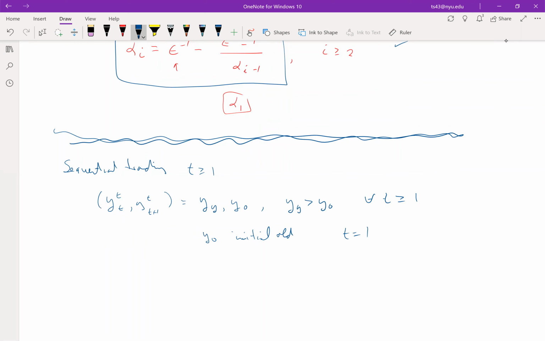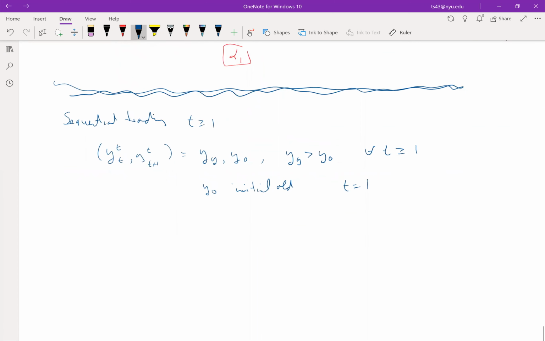T equals 1. Okay, in addition, we give the initial old, this is Samuelson's idea, per capita m units of an inconvertible, we'll call it paper currency.